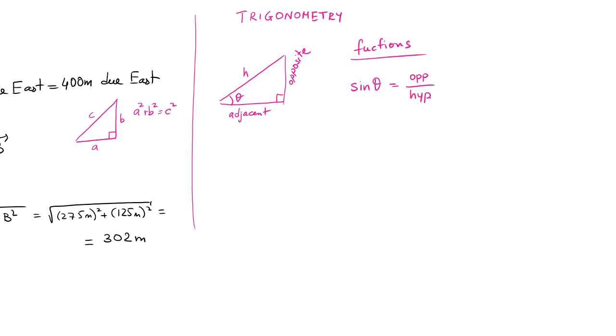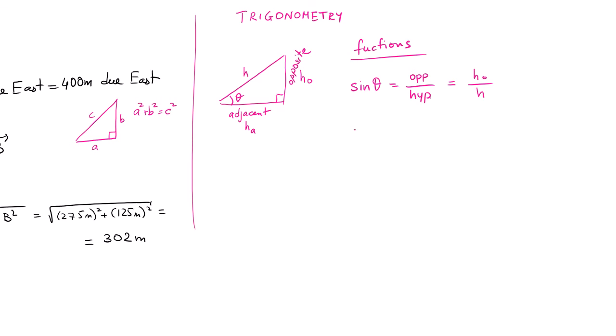Let me call the opposite side HO and the adjacent side HA. Like a subscript, it stands for H opposite and H adjacent. So I can rewrite sine theta equals H opposite over H, the hypotenuse.